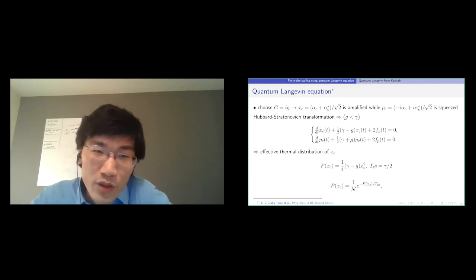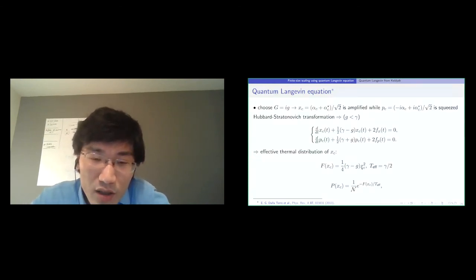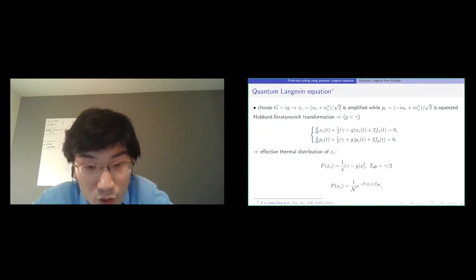So one thing you may notice is that at the critical point, gamma equals G, this term just vanishes. So it's a very flat trap. Then the variance of x classical will just diverge, and the occupation number is proportional to x classical squared. So you can see why the occupation number will diverge at the critical point.